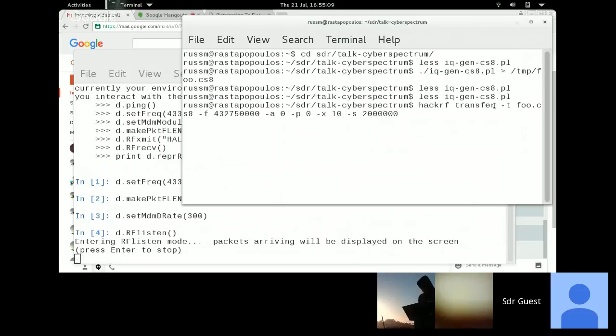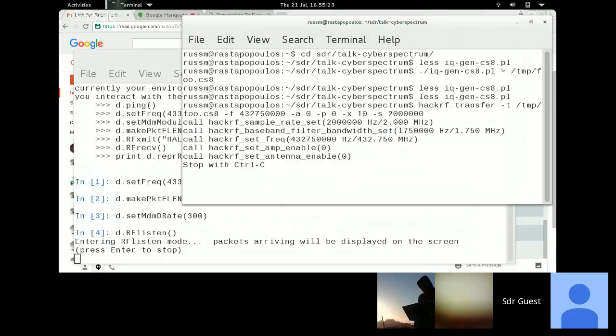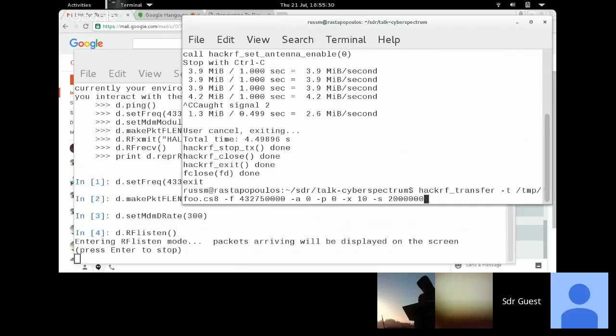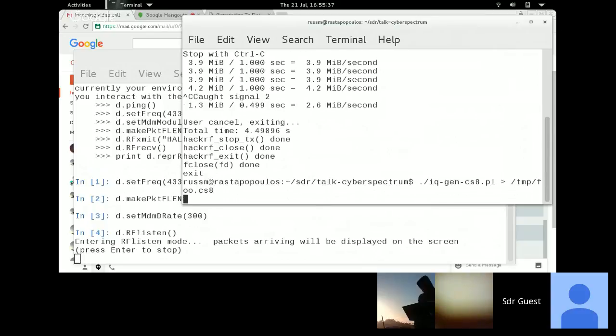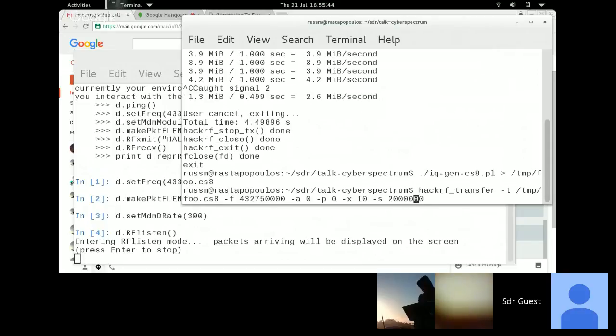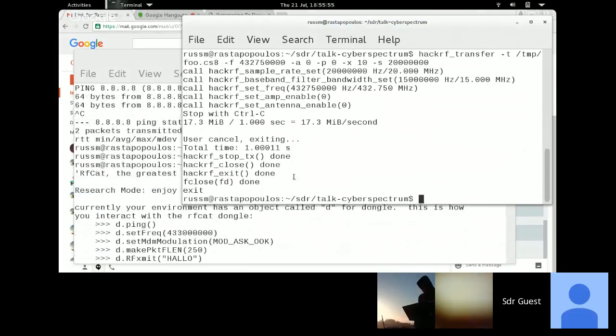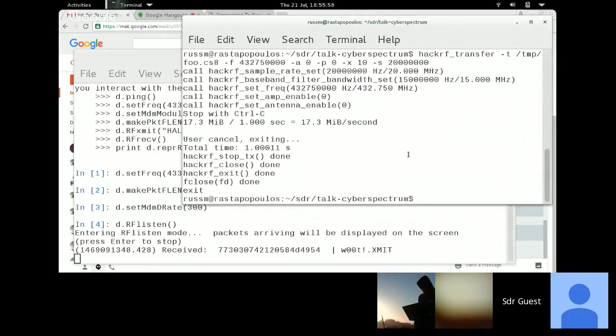Okay, so using HackRF transfer to actually send the data out. And then when we transmit, still works.